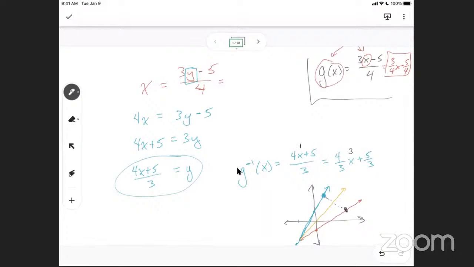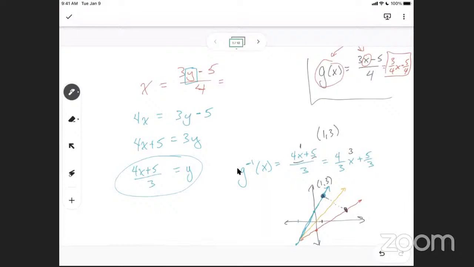What's going to be 1? If I plug in 1 for x into this blue equation, the inverse, I'm going to get 3 for y, because 4 plus 5 is 9 divided by 3 is 3. So the point 1, 3, well, that looks about like that. That point is 1, 3.